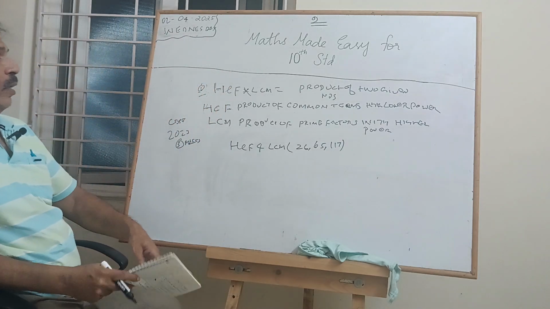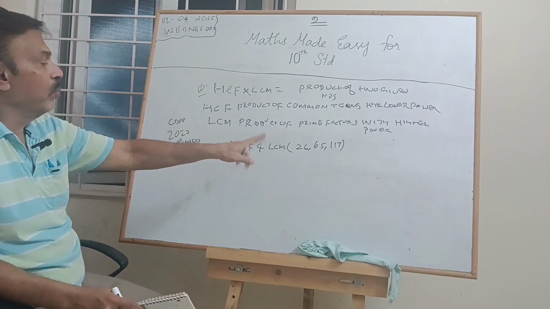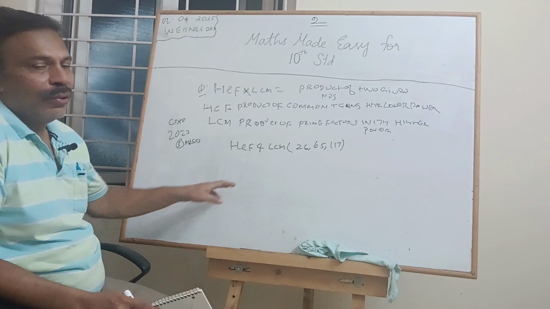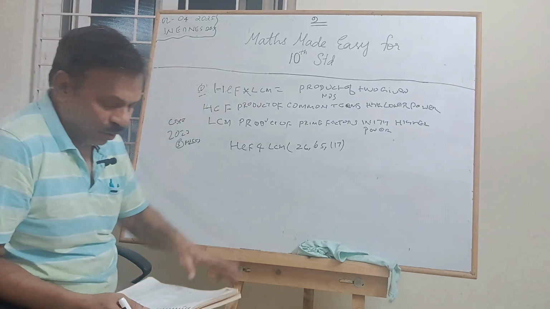See, the previous example I showed you had only 2 numbers. Now there are 3 numbers, so you have to find the HCF and LCM of these 3 numbers.